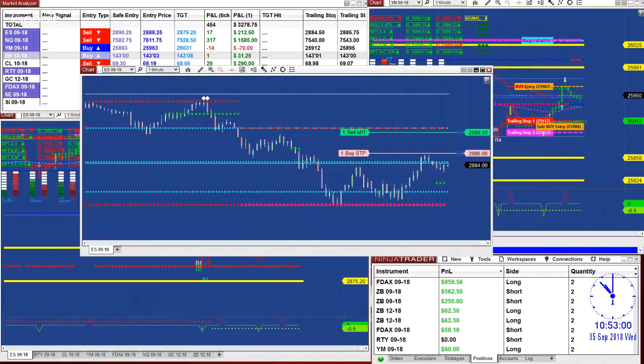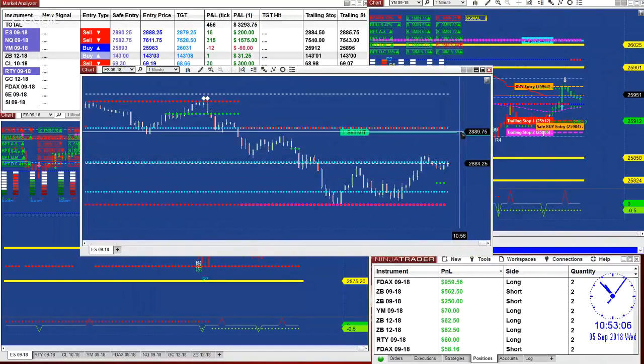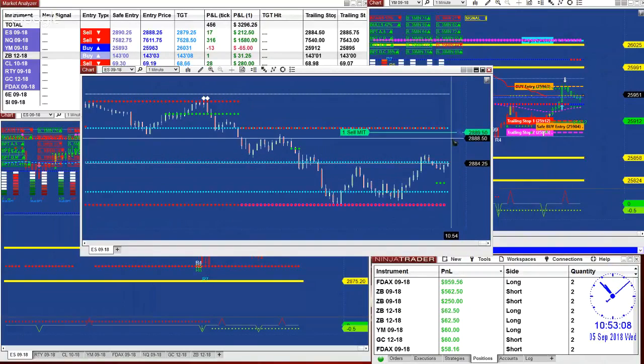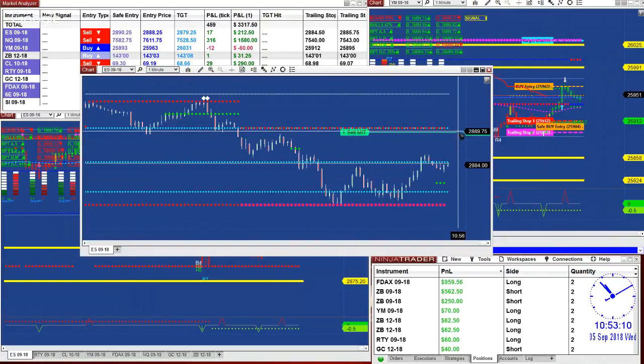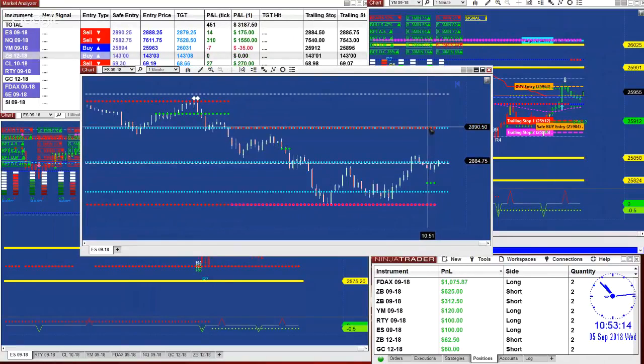Another option, if you are patient enough, as an example on the ES: now the short term is finished. The short, we just have to be patient. Once this market breaks out of the 90.50, on the pullback you can re-enter.